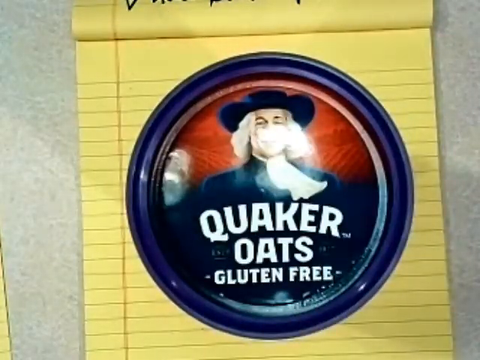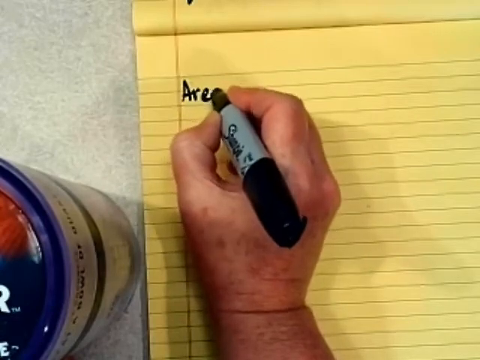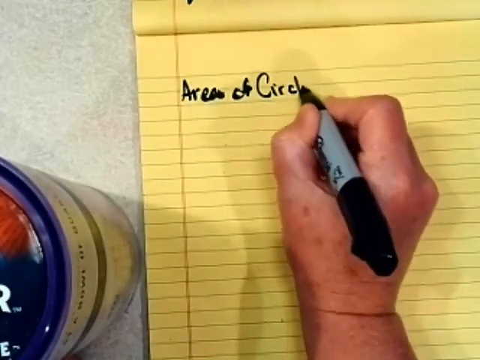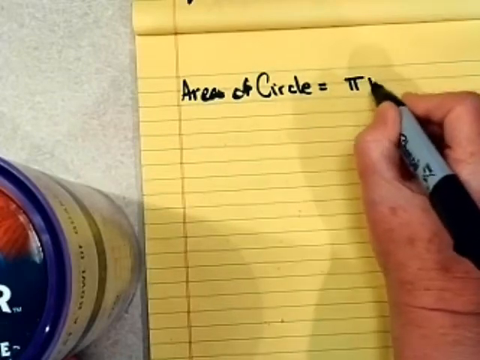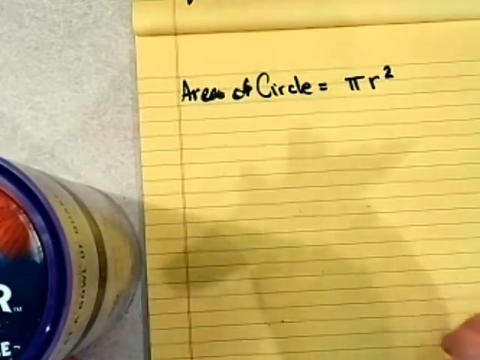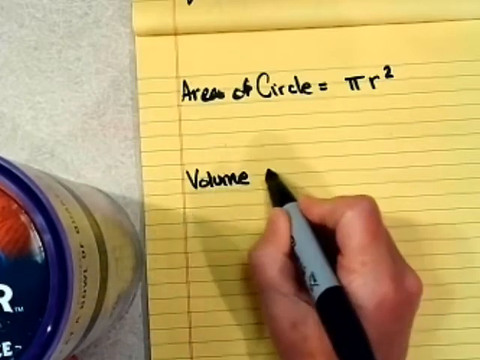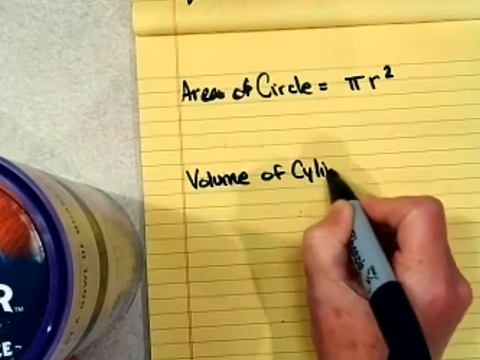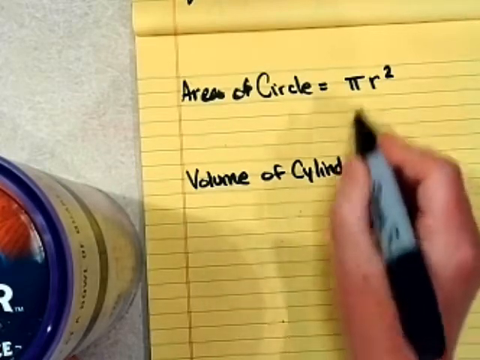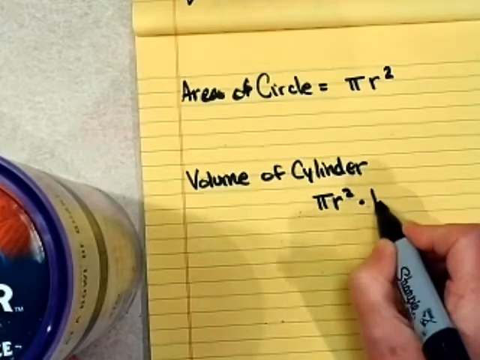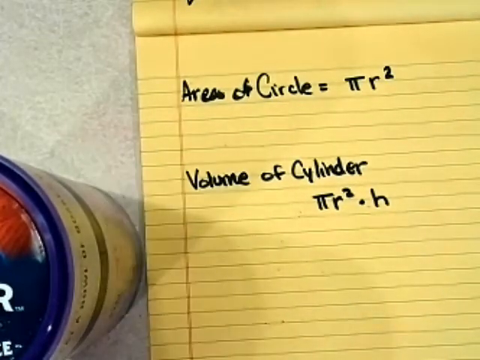The base is a circle, so the formula for the area of a circle is pi times r squared. To find the volume of the cylinder, I need to take the area, which is pi times r squared, and then multiply that by the height. So it's two processes here.